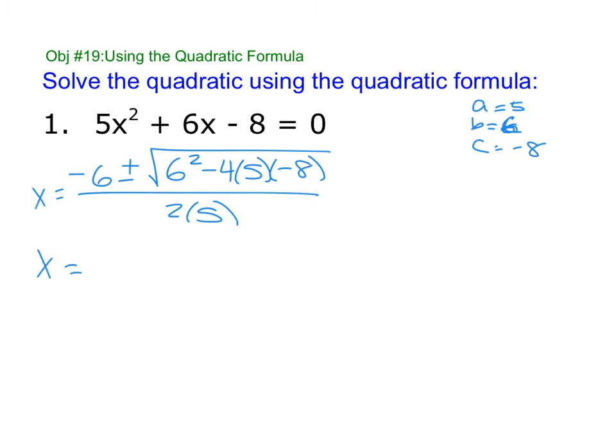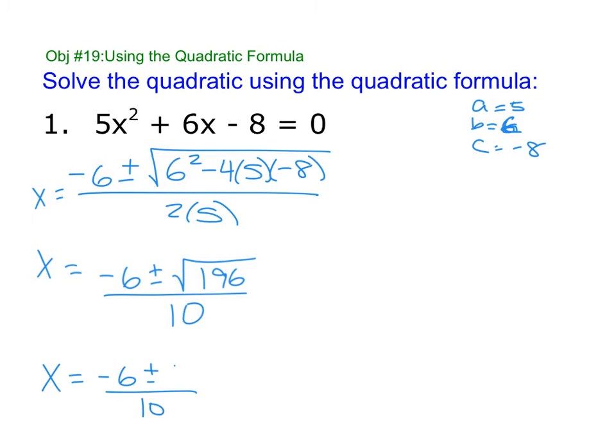So then we get x equals negative 6 plus or minus the square root. And so I always do the 6 and then the bottom, and then I'm going to figure out what goes under that square root. 196. And then do we know the square root of 196? We do. Square root of 196 is 14. So now what I'm going to do is I'm going to break this into 2.